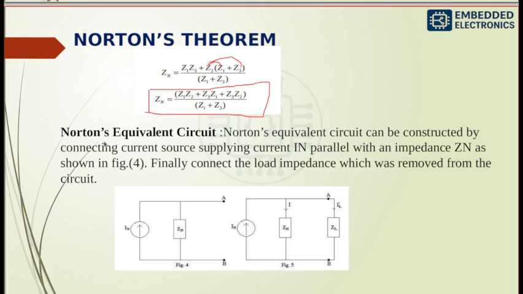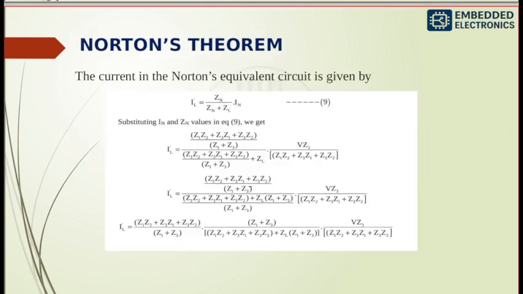Now we need to find the Norton's equivalent circuit. So here it can be constructed by connecting a current source, supplying current IN, parallel with an impedance Zn, and we need to connect the load impedance which was removed from the circuit. Next we need to find the current, right?